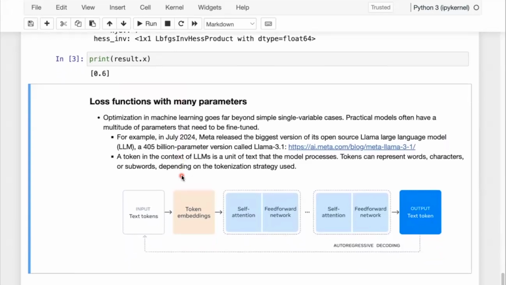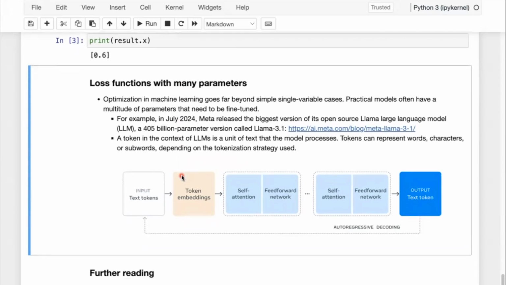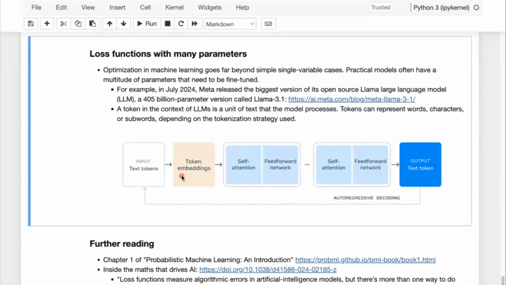So in this Bernoulli distribution case, which we use because of its simplicity and also being able to get a little bit of warm-up example, we had only one optimization variable. But the fact is that in many modern machine learning methods and deep learning methods, we have a multitude of parameters that need to be fine-tuned.